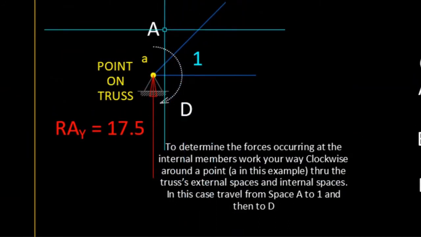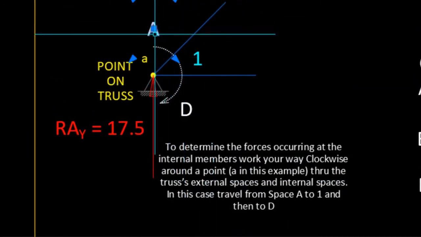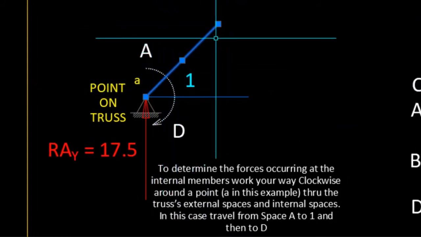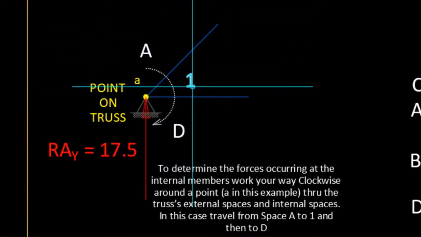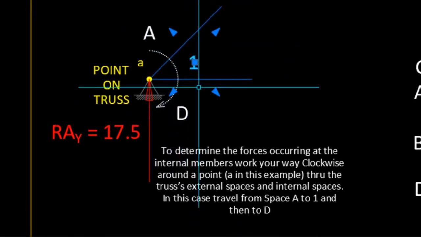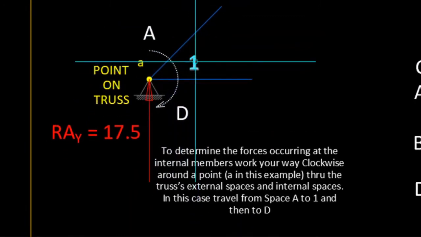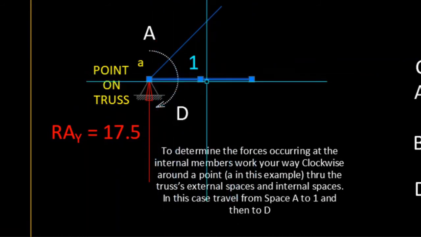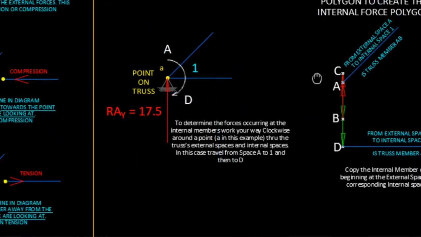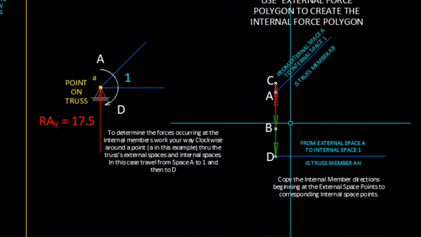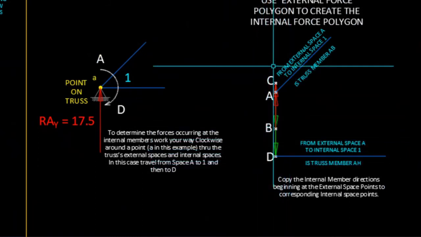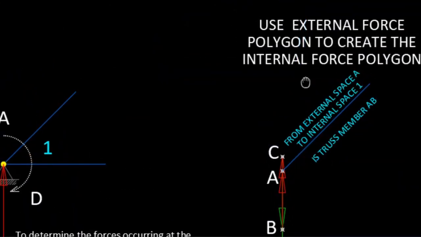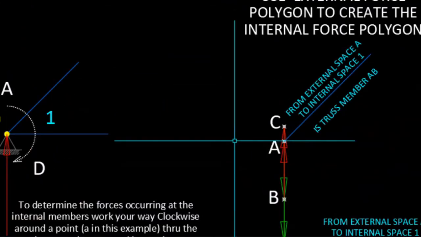So once again, in this example, we work from space A. We have this member to space 1. And then from space 1 to space D, we have this member. So we have our original external force diagram. From here, we add on with the internal force polygon.